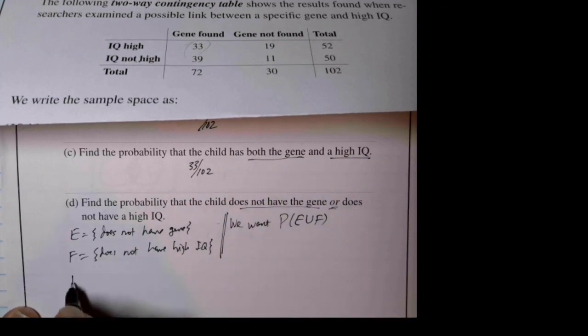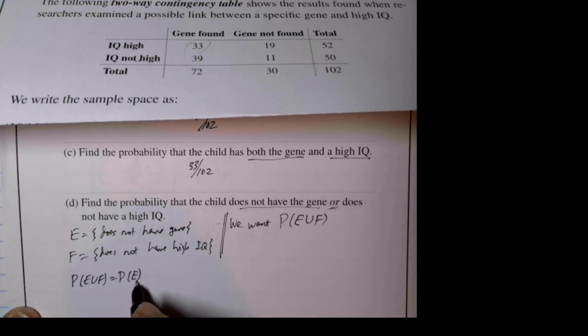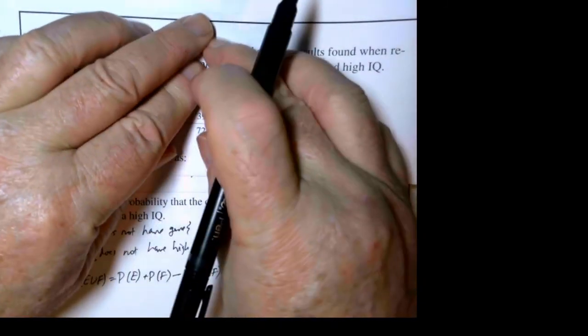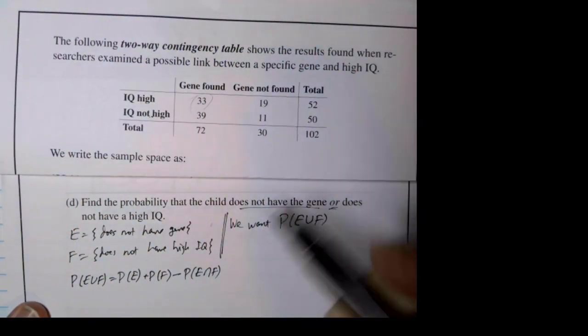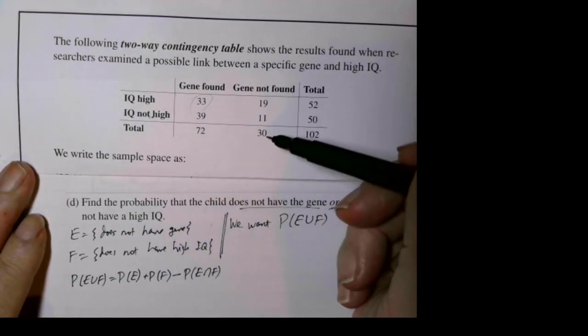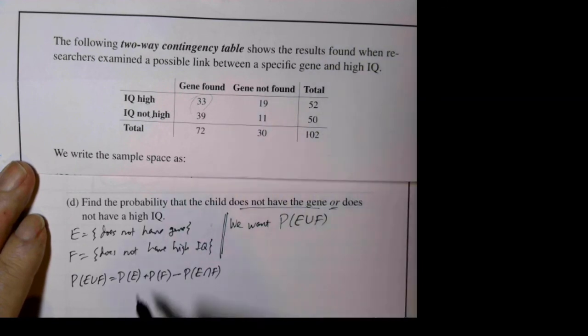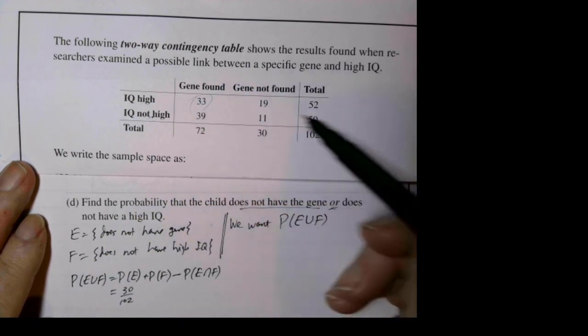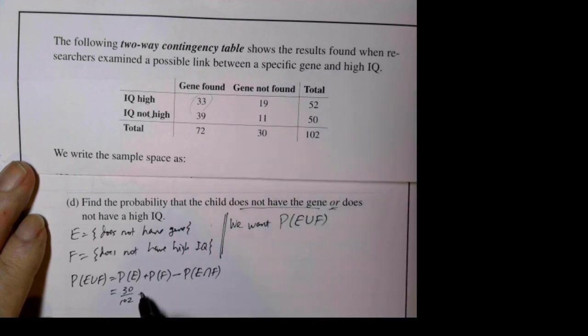The probability of E union F is the probability of E plus the probability of F minus the probability of E intersect F. So I need these probabilities, and they're actually pretty easy to get. The probability of E is the probability that the child does not have the gene. 30 people did not have the gene out of the 102 tested, so this is going to be 30 out of 102. F is the event does not have a high IQ. 50 out of 102 did not have a high IQ.